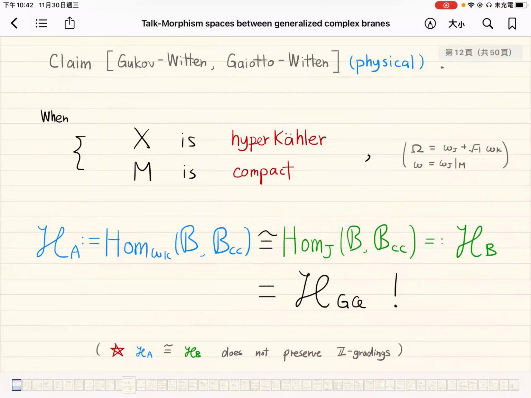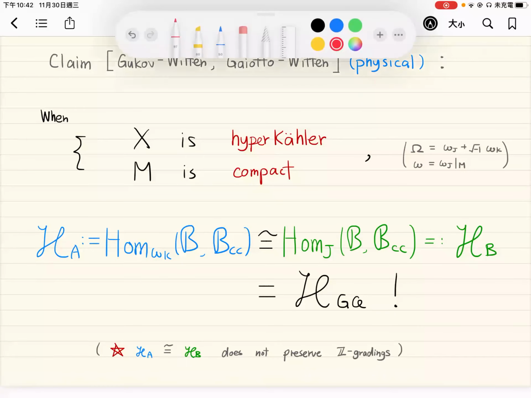So here comes the claim. This is a claim given by Gukov-Witten and further elaborated by Gaiotto-Witten. It says that if we add some assumptions, that the ambient manifold is not only holomorphic symplectic, but the holomorphic symplectic structure is enriched by a hyperkähler structure, and if the manifold M is compact, then indeed we can have another morphism space, the bimodule morphism space.